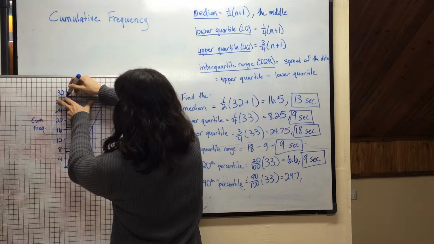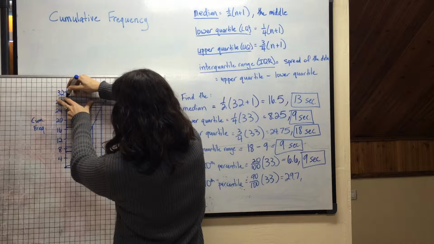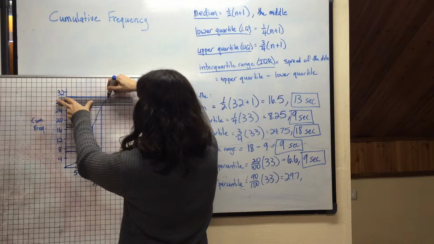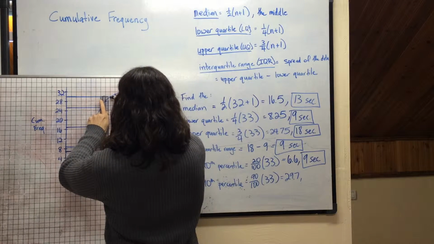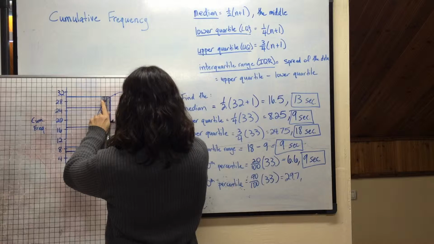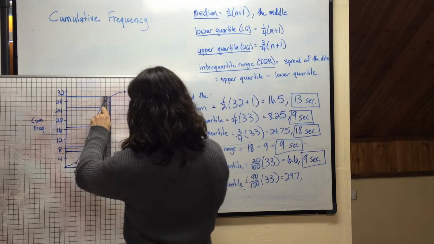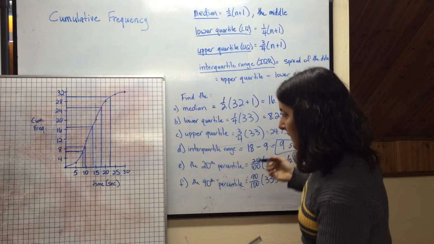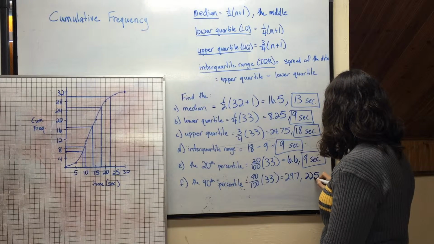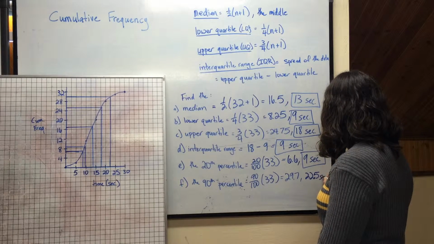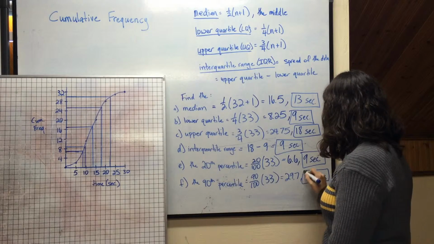Yeah, this is why it's nicer to do it with a pencil, especially if you have a mechanical pencil, it makes it nice. Mine looks like it's going to be pretty close to right here in the middle. So we can call that 22 and a half seconds.